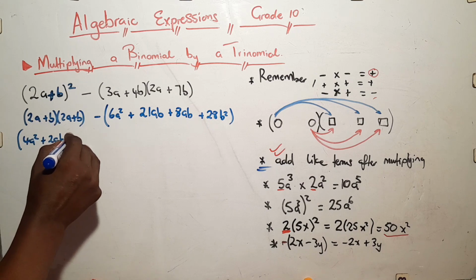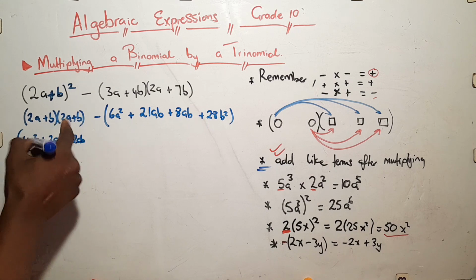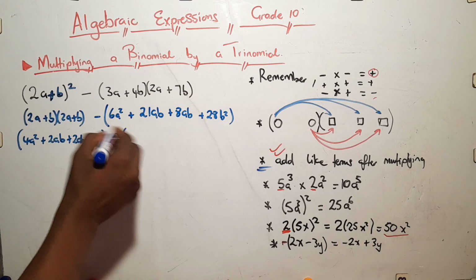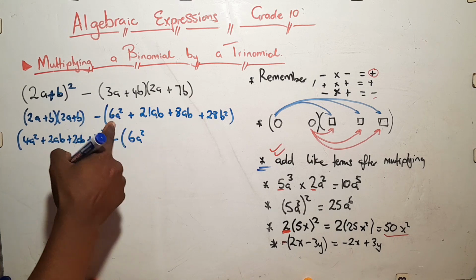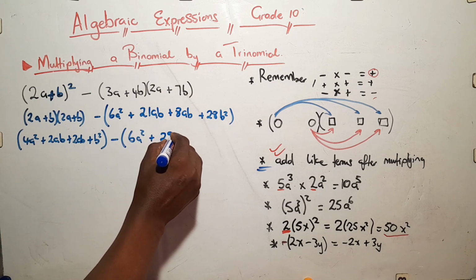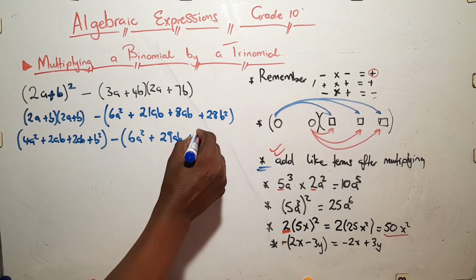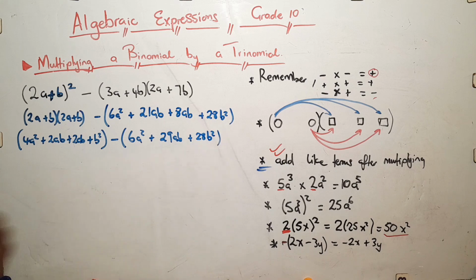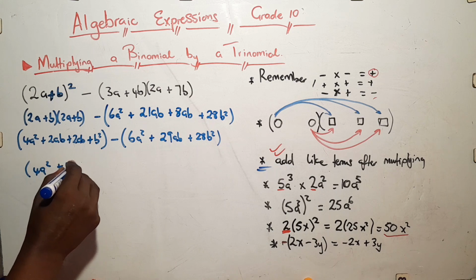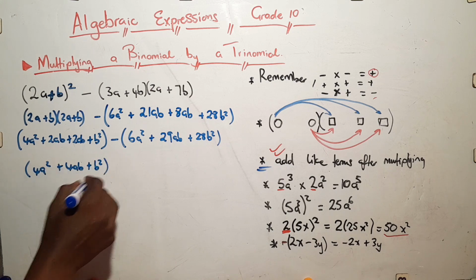and this and that's also 2ab, this and that's b squared. And then this, it doesn't have a like term there, and this and that will give us 29ab, and this will be 28b squared. In this case also, we are going to have 4a squared plus 4ab plus b squared.